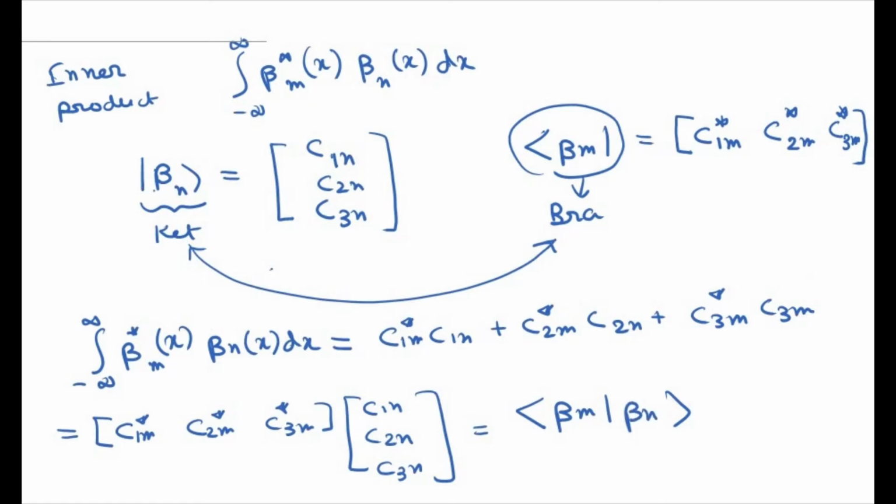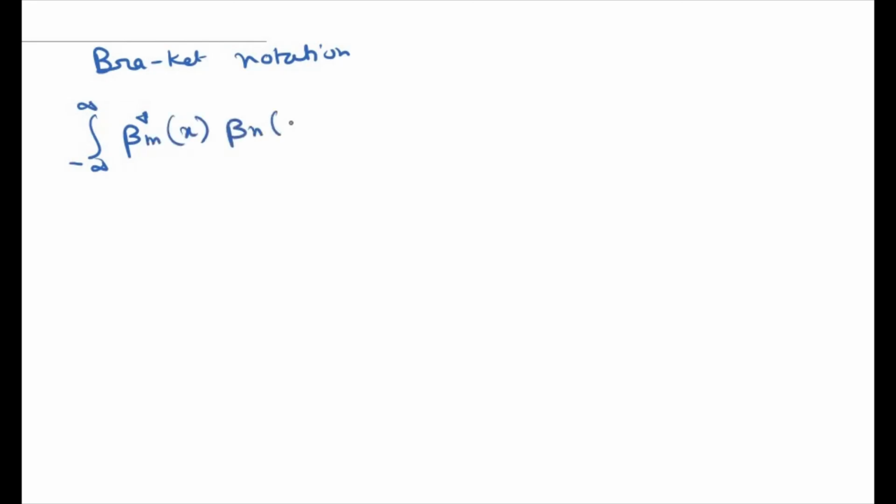This notation is again known as the Bra-ket notation, where the integral from minus infinity to plus infinity of beta m star x beta n x dx, in terms of the bracket notation, can be written as beta m beta n.